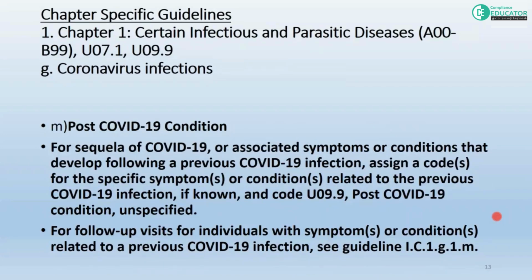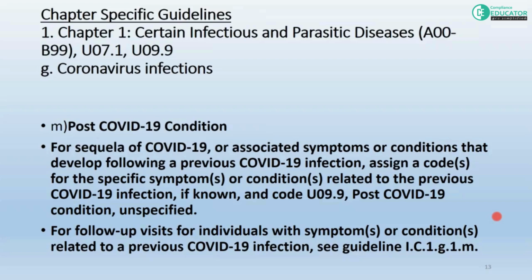If we have a sequela of COVID-19 or associated symptoms or conditions that develop following a COVID infection, we're going to assign a code for that condition or symptom and then code this U09.9, post-COVID infection unspecified.